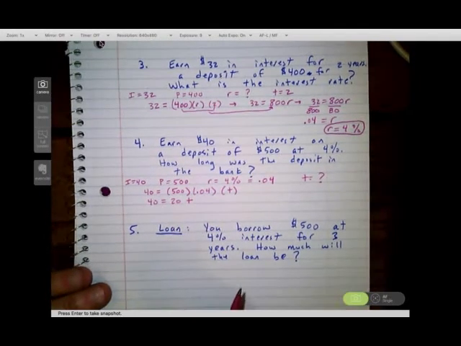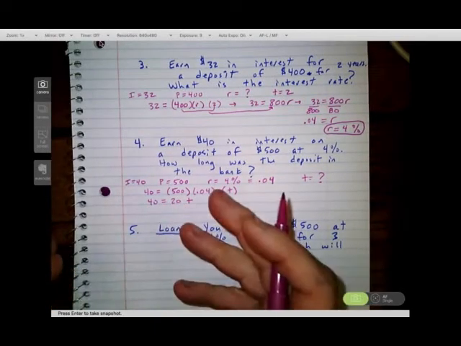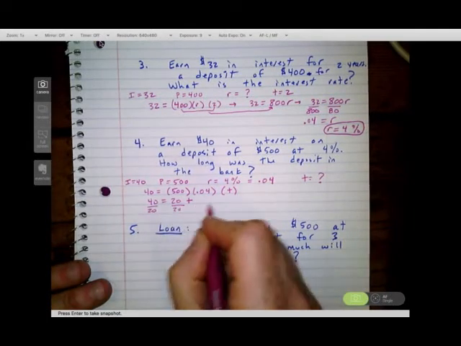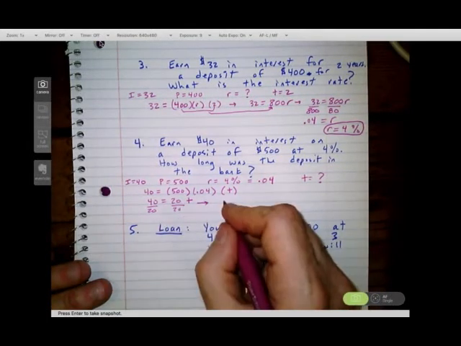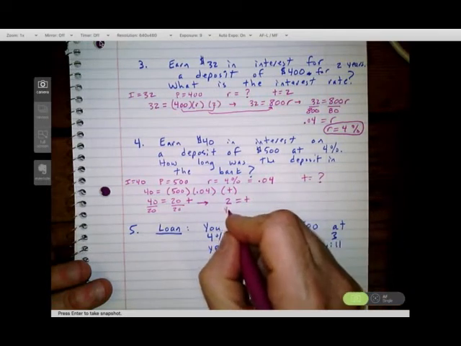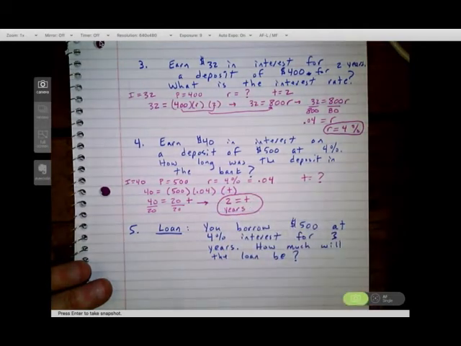Now I think a lot of you can see the answer to this. What do we multiply to 20 to get to 40? Well, it's 2, but we could show our steps here. We'll divide by 20. And 40 divided by 20 is 2, so 2 equals t. So our investment was for 2 years.